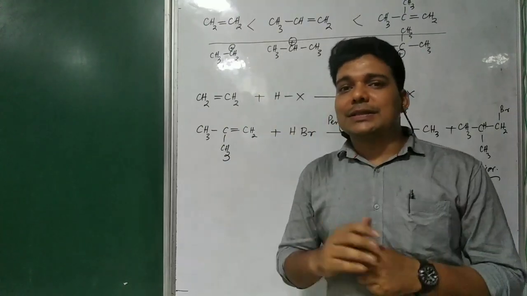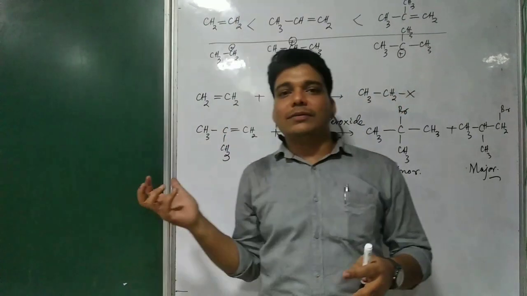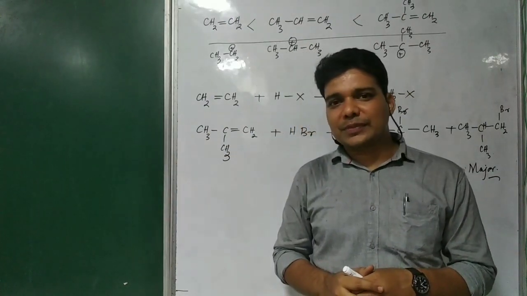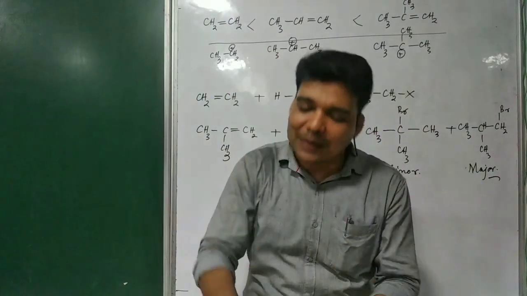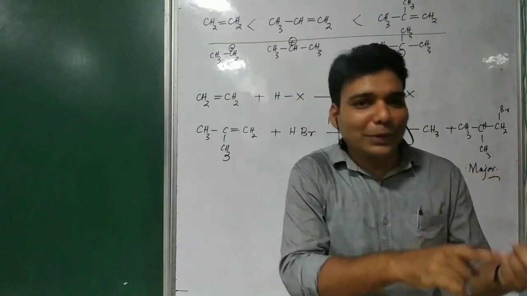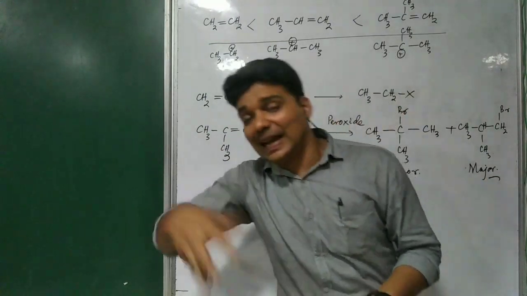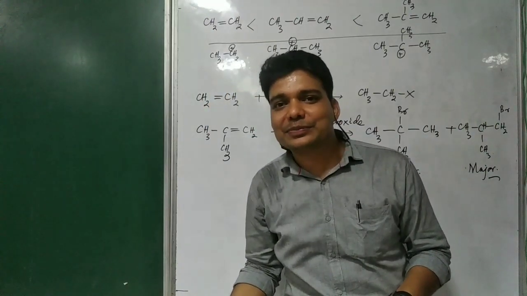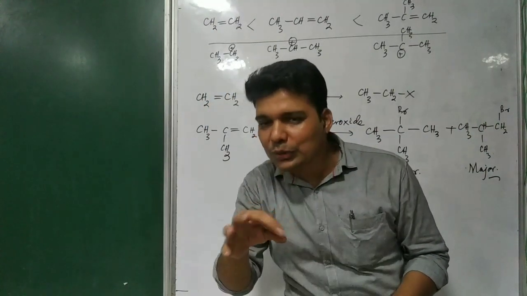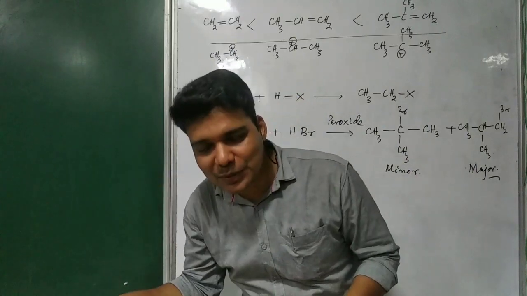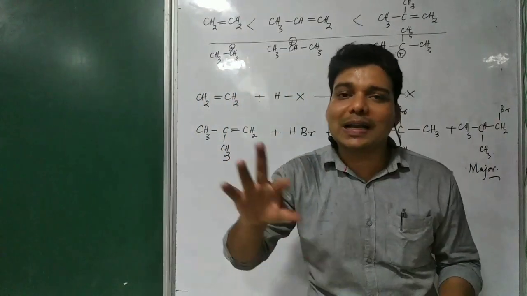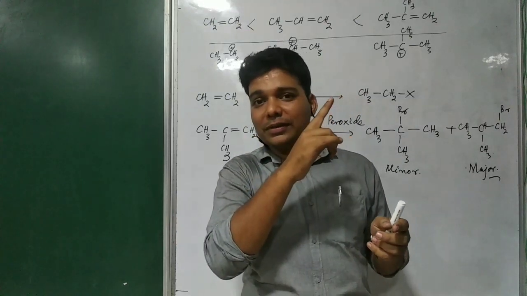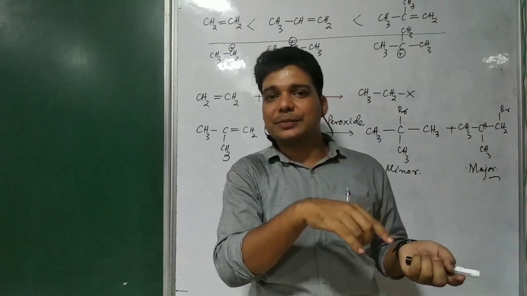As these reactions involve the formation of a carbocation intermediate, if that carbocation which has been formed initially can be changed into a relatively more stable carbocation through 1,2-hydride shift or 1,2-alkyl shift, which is called rearrangement, as we have learned in our previous classes.